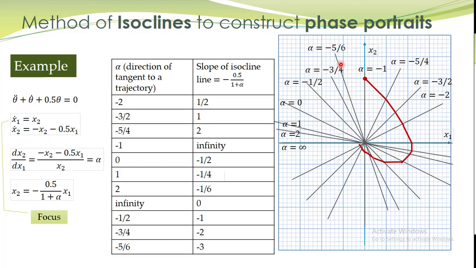Direction of arrow can be determined in different ways. One simple approach is that, what is x2 on this horizontal axis? 0. So on this horizontal axis, x2 is equal to 0. It means that what is x2 dot on this horizontal axis? x2 is 0, x1 is positive, so x2 dot is negative number.